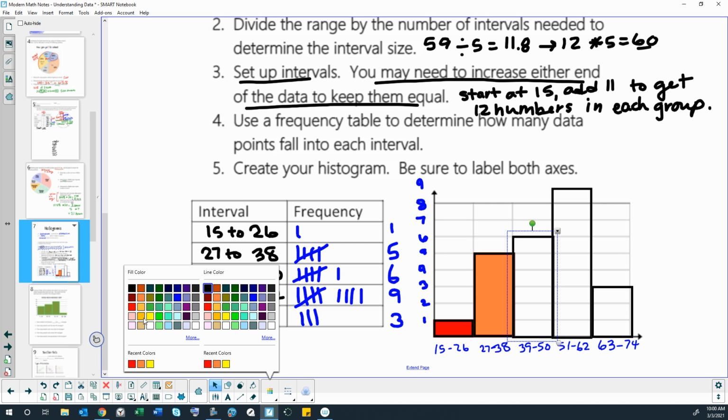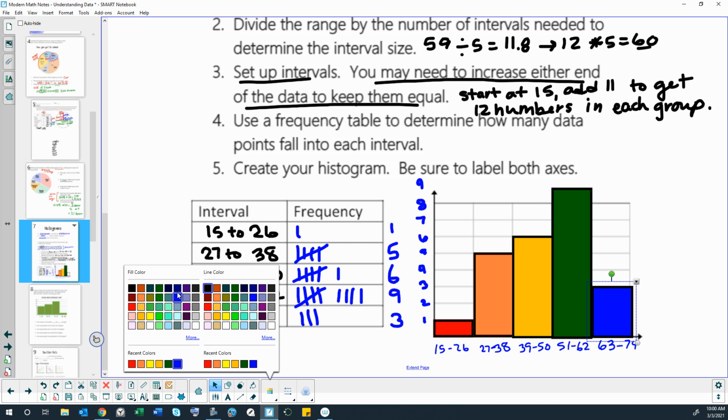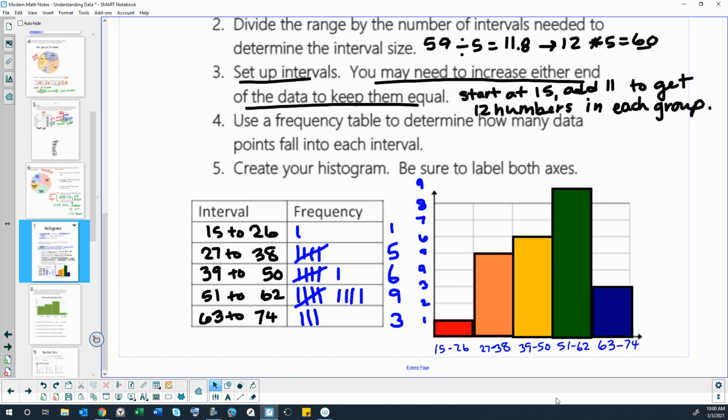So that one's going to go there. And this one. Let's do a nice dark green. And then this one. Blue. Cool. I like it. There's my histogram. You don't have to do different colors. You can do all the same color because it's just showing you what line it goes to for you to know what the number represents, right?